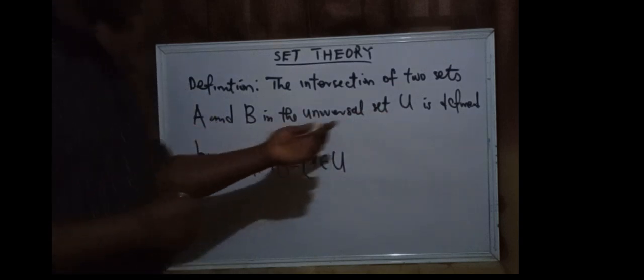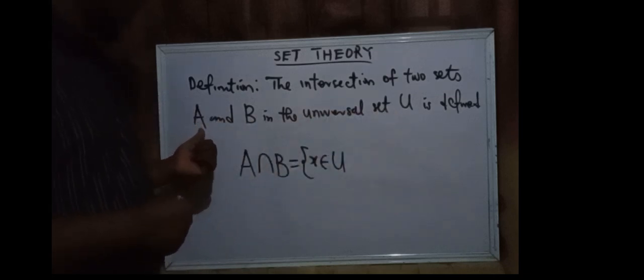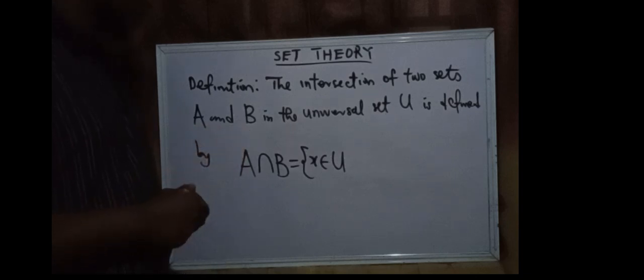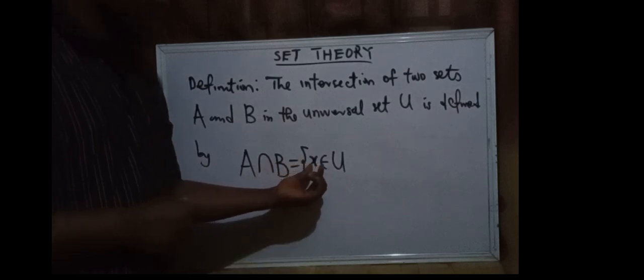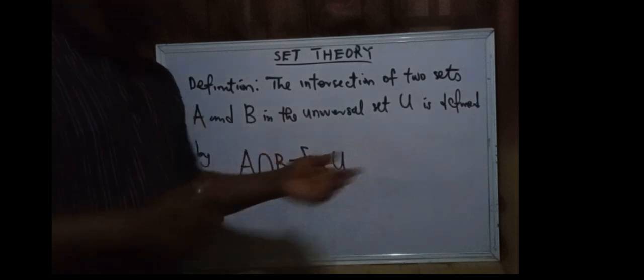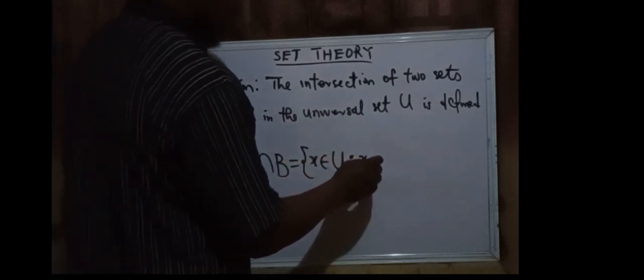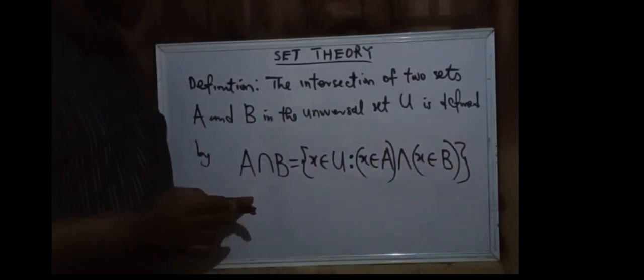In this case, the subsets of U are A and B. If you are looking for the intersection of these two sets, it will be the elements in U with the following property, such that x is an element in A and x is an element in B. This sign is a conjunction sign in logic, and it is used to define the intersection of two sets.